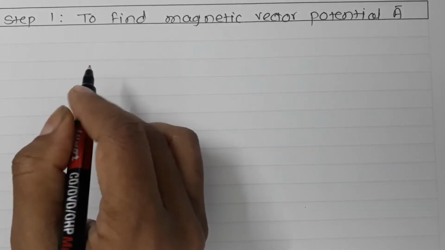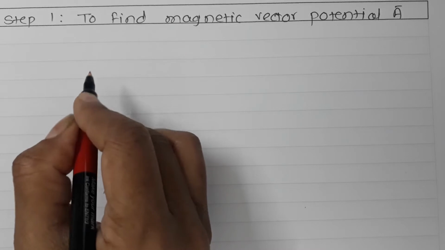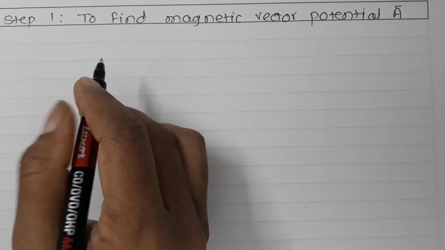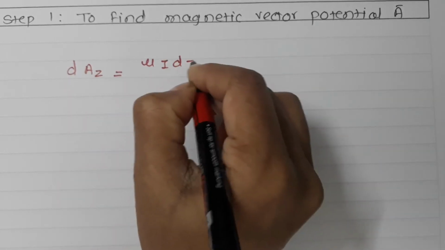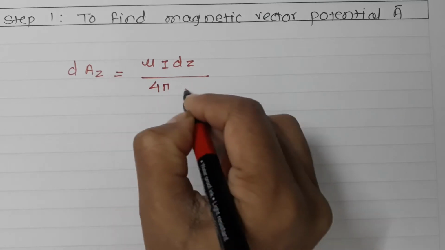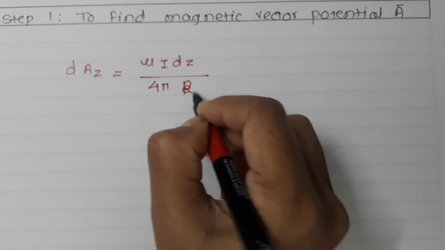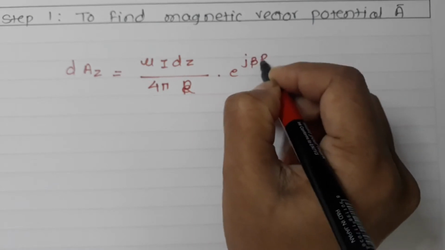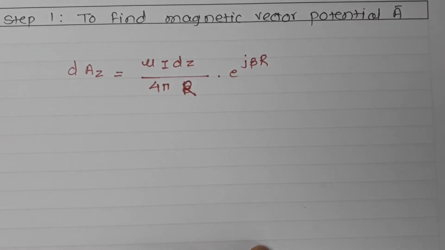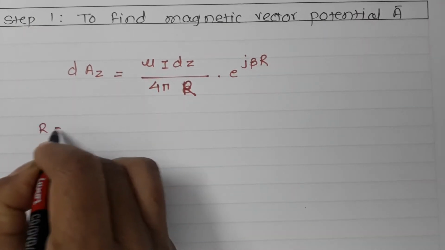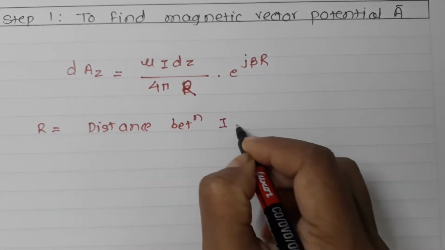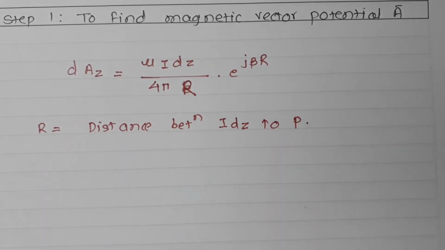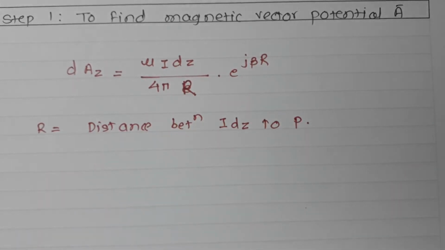So the magnetic vector potential at P due to the differential length dl equal to dz of the dipole carrying current can be calculated: dAz is equal to mu I dz divided by 4 pi r into e raised to minus j beta r, where r is the distance between I dz and the point P. This is how we are going to calculate Az.